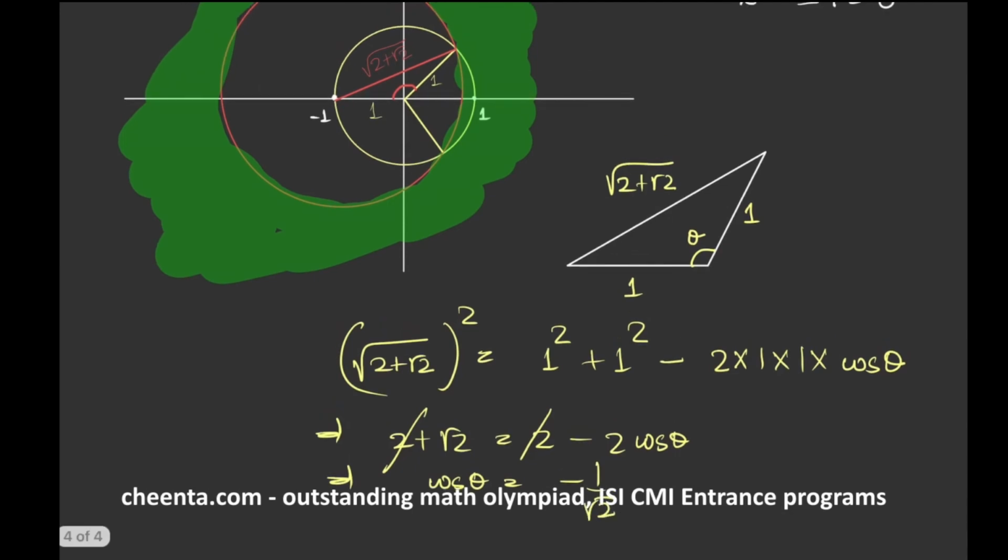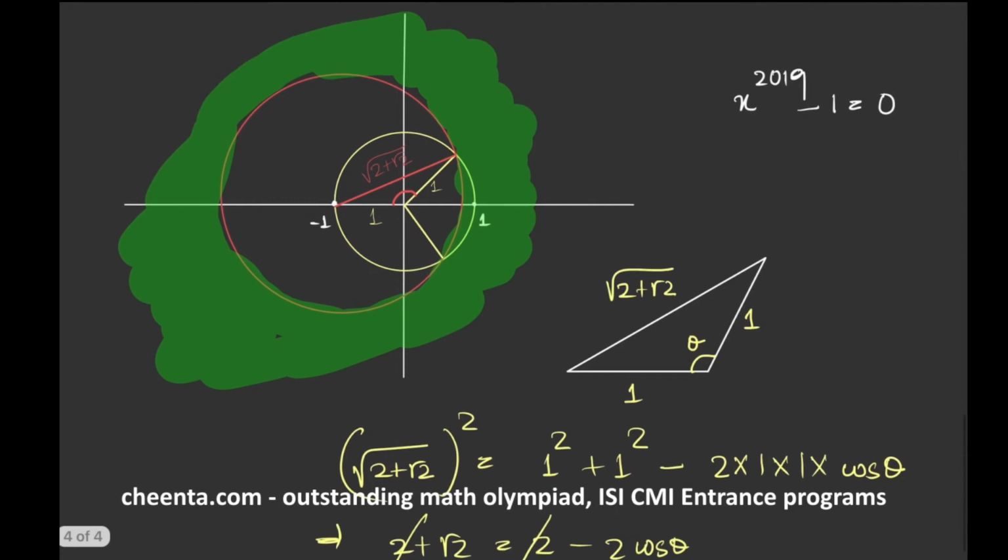So now, in order to find this angle precisely, we need to look at the diagram carefully. Now, some of you might have this question as to why this particular circle intersects this unit circle at these points. That is, it could also have happened that this could have overshot this unit circle. But remember, square root of 2 plus root 2 is actually greater than 1 but less than 2.